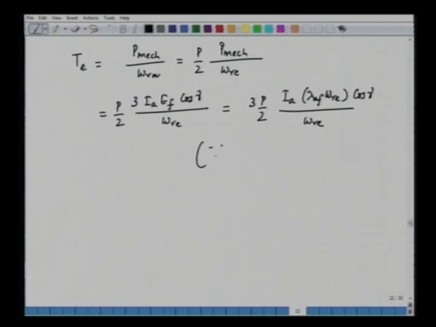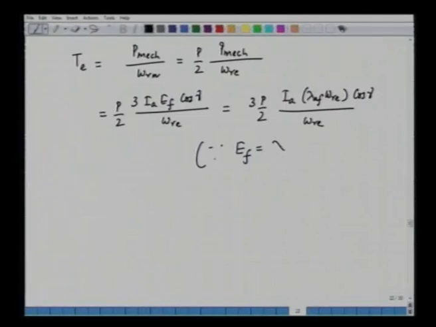Here we have assumed that EF is the field induced EMF, that is the induced EMF in the armature due to the field current, and we define a flux linkage called lambda AF, which is the flux linkage in the armature due to the field current.